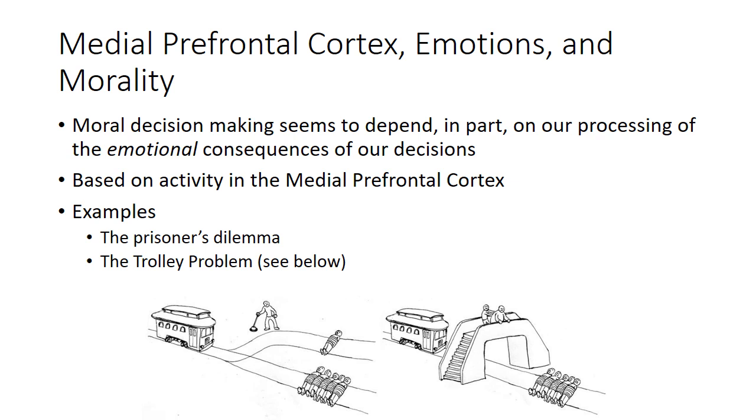And lots of people will say, yes, you should pull the lever because 1 person dying is better than 5 people dying. In this scenario, you would have to actively push a person off of a bridge to stop the trolley to prevent the 5 people from dying. And people have more difficulty with this one because actively causing harm to somebody like that leads to an emotional reaction, right?